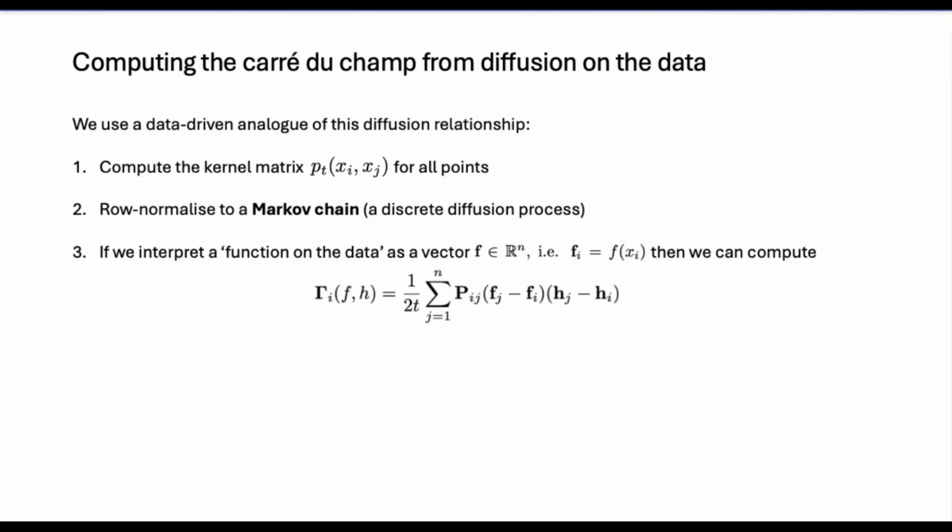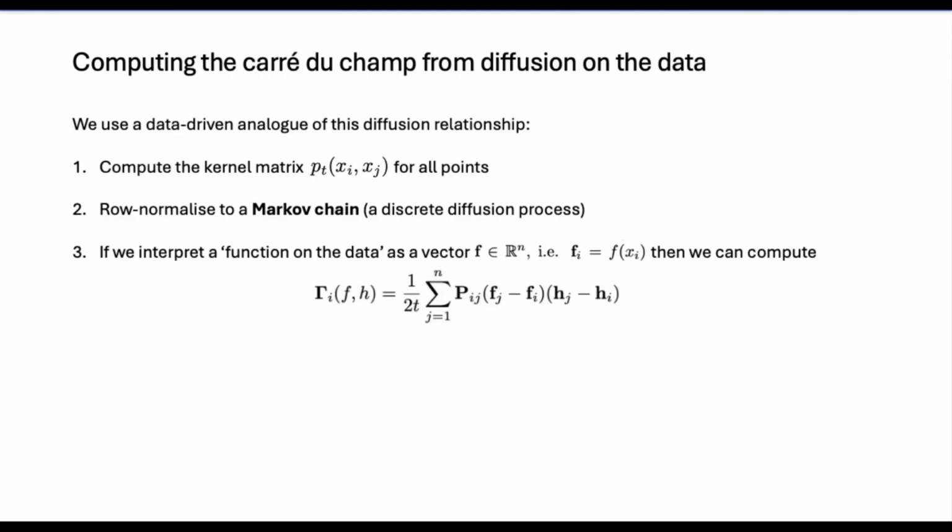The point is that everything boils down to just gamma, including the Hessian. It's a second derivative, but you can write it as gamma of stuff. And h is another function, so f and h are an arbitrary pair of functions.